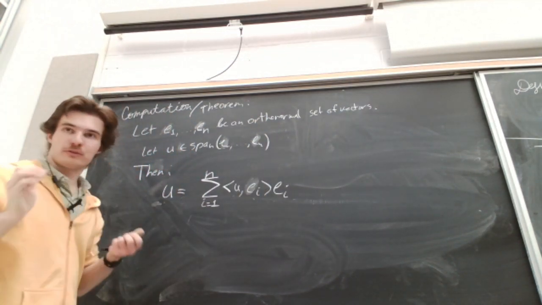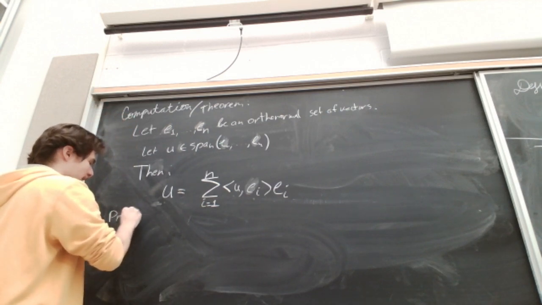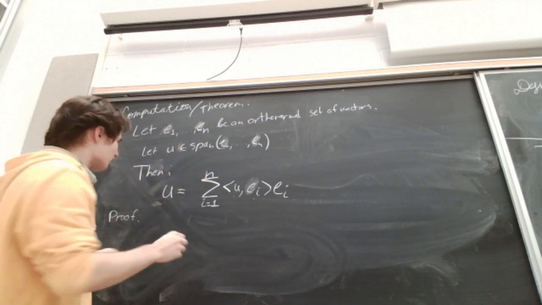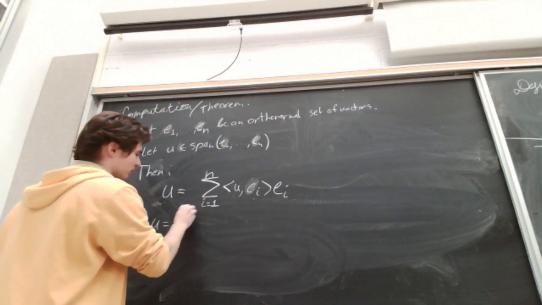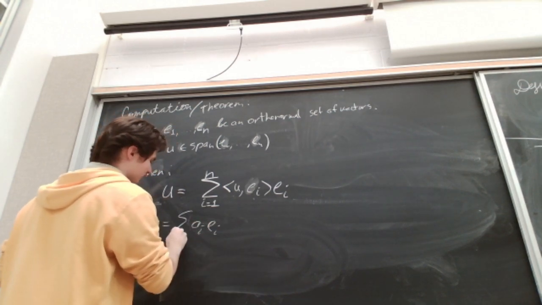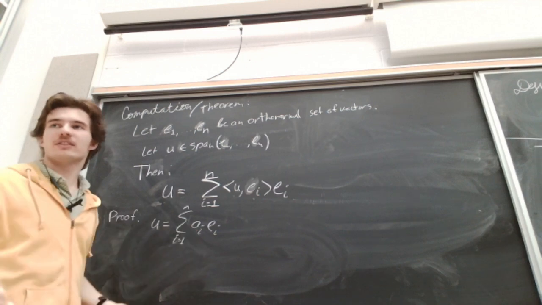So, proof. Since u is in the span of e1 to en, surely there have to exist some ai such that u equals the sum of aiei, by definition.